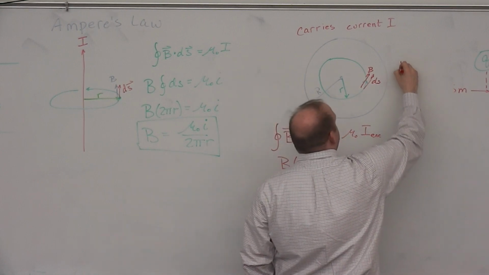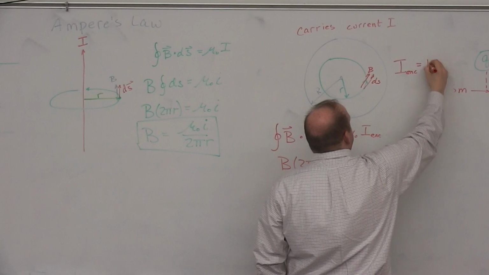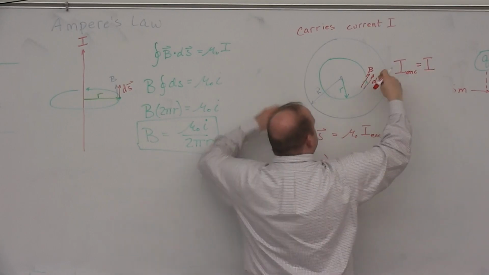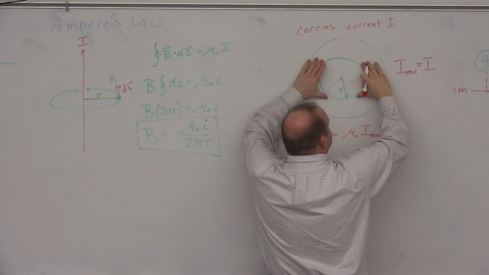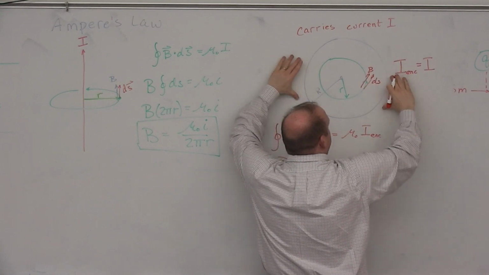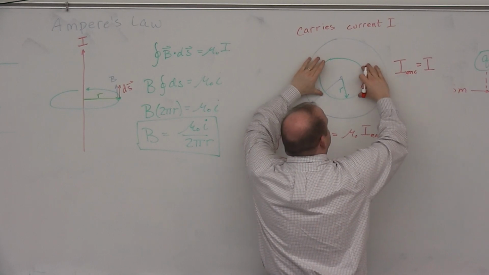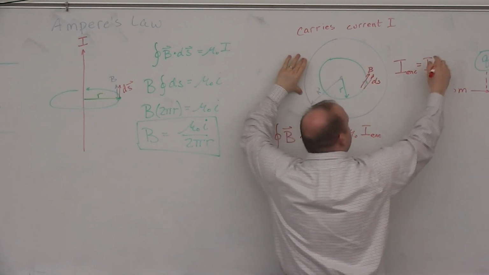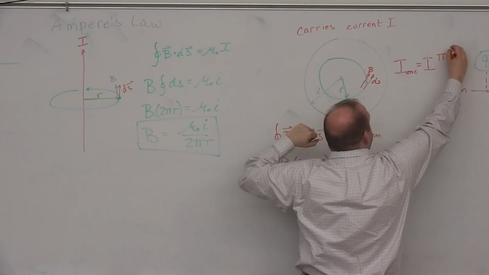Let's take a quick look. I enclosed is going to be the ratio of the current that's inside here to the whole thing. So that's going to be this area compared to this area. The inside area is pi little r squared.